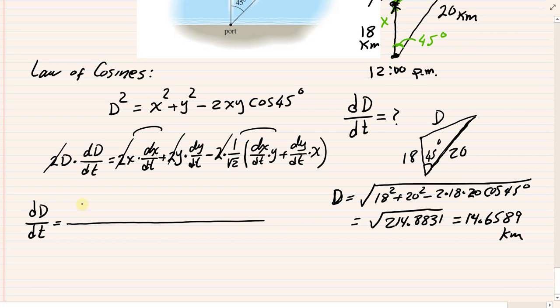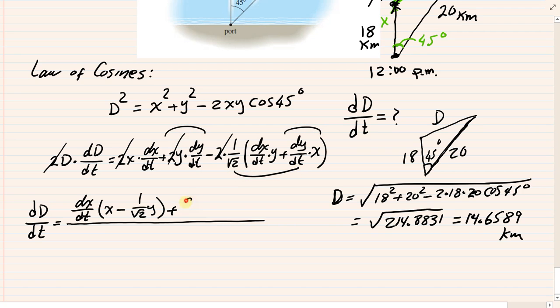Let's factor dx/dt. So dx/dt turns out to be x and negative 1 over root 2 y, plus, let's do dy/dt. This is dy/dt and there's dy/dt. Don't forget to distribute 1 over root 2. So factoring now dy/dt, that's going to make it y minus 1 over root 2 x.